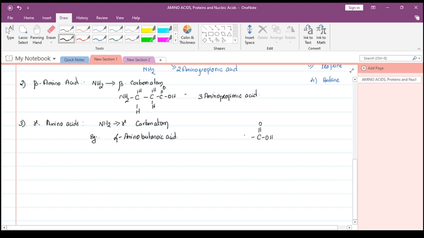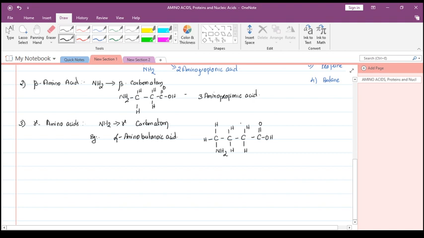First write the carbon atoms: 1, 2, 3, 4. 4-amino means the 4th carbon has the amino group. Then hydrogen, hydrogen, again hydrogen. Carbon valency is 4, so hydrogen, hydrogen.